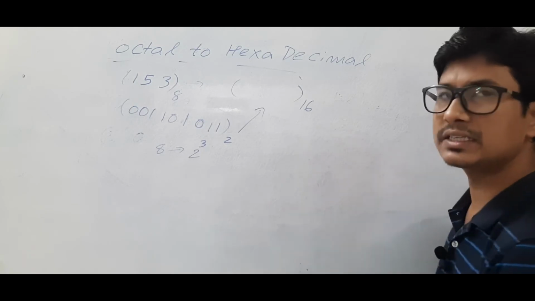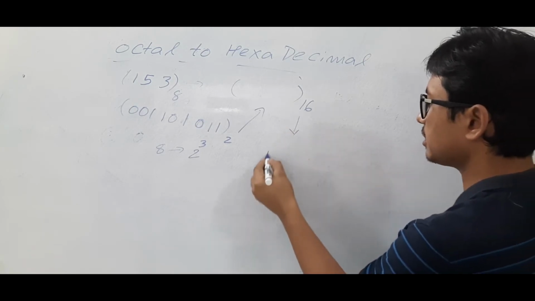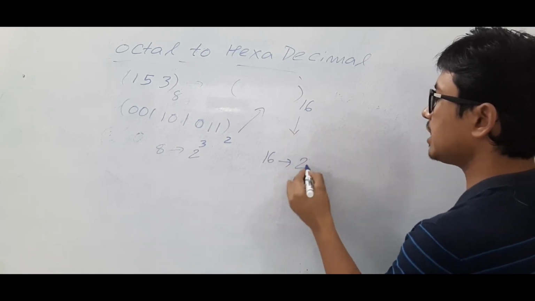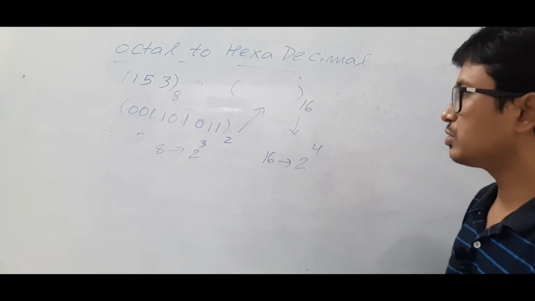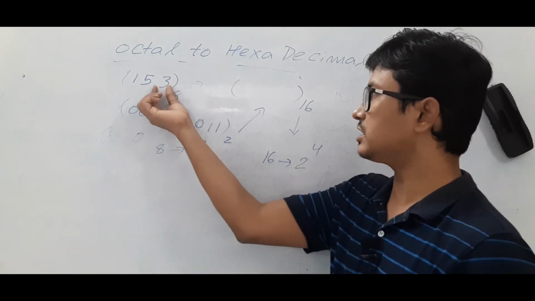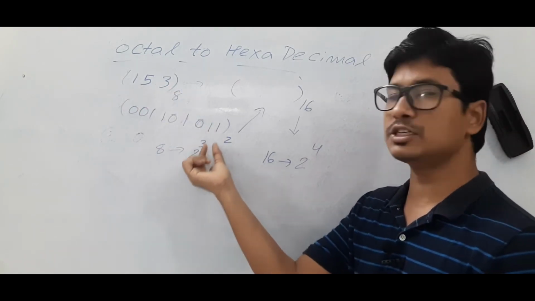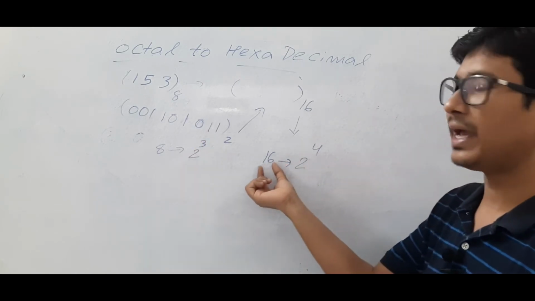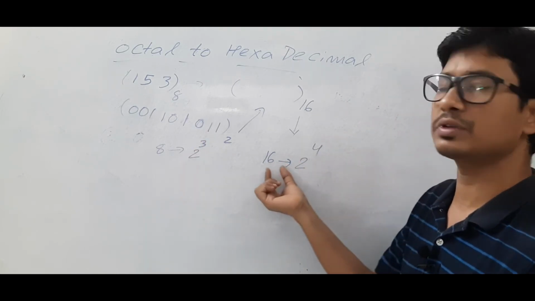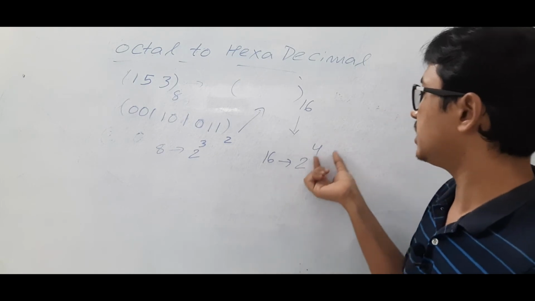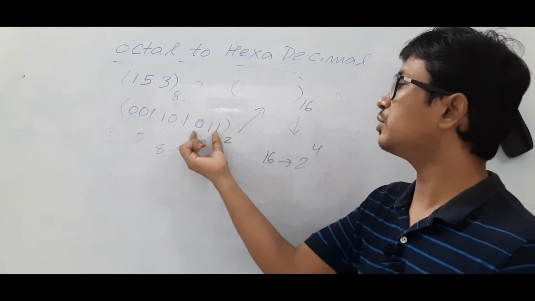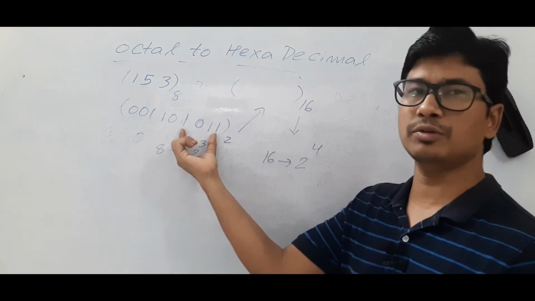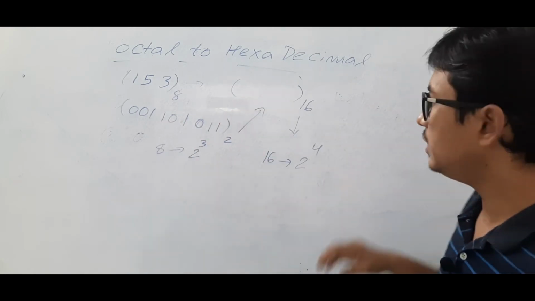When it comes to hexadecimal, it is 16, so I can represent it as 2 power 4. That's why we have represented each number with 3 bits, because it is 2 power 3. When it comes to hexadecimal, it is 2 power 4 because it is base 16. So what I have to do is take 4 bits and convert them into hexadecimal.